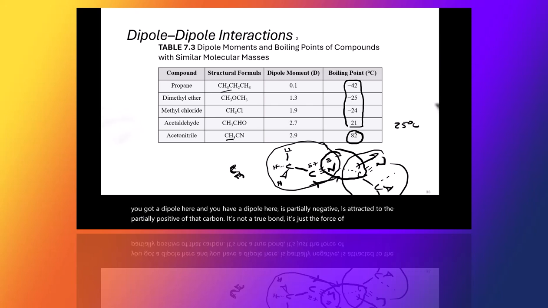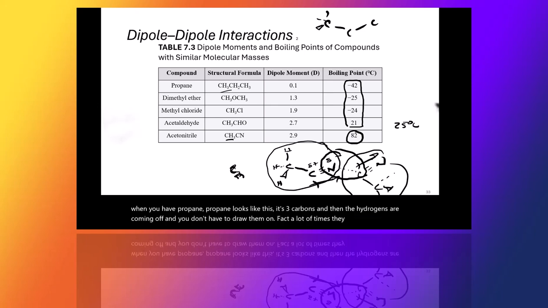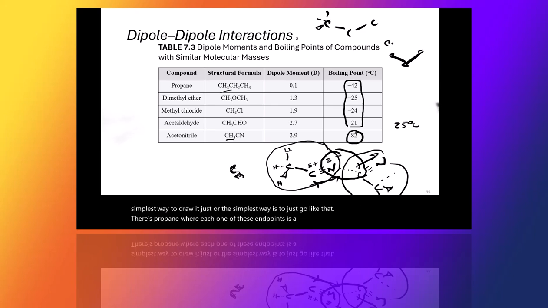Whereas when you have propane, propane looks like this. It's 3 carbons and then the hydrogens are coming off, and you don't have to draw them all. In fact, a lot of times this is the simplest way to draw it. Or the simplest way is to just go like that. There's propane, where each one of these endpoints is a carbon, and anywhere you have a point like that, it's a carbon.